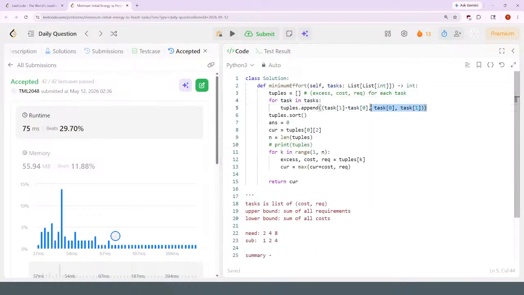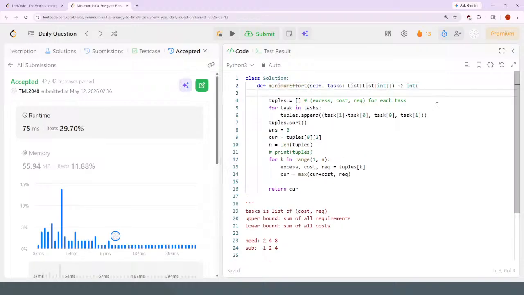But since I don't actually use the excess after I sort it, like the excess variable isn't used here, I can probably just sort in place and not create a separate array for it.